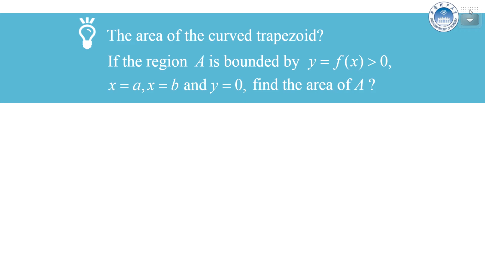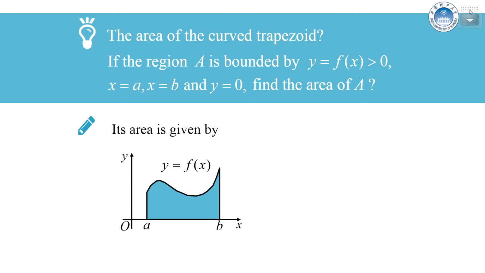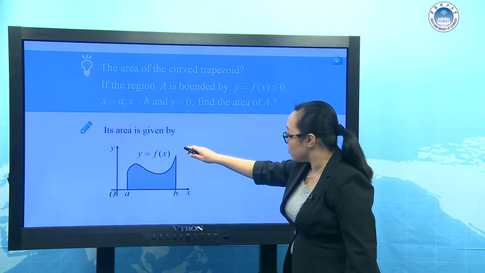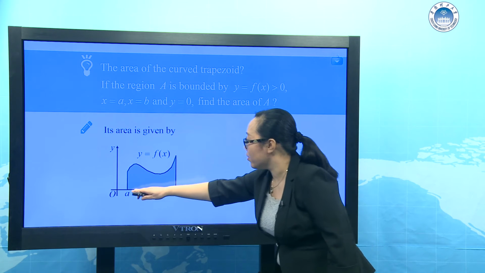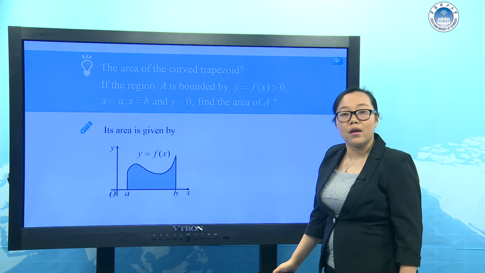Try to find the area of A. Look at the figure. Its area is given by the corresponding figure. It is our curved trapezoid: y equals f(x), x equals a, x equals b, and y equals 0, meaning the x-axis.